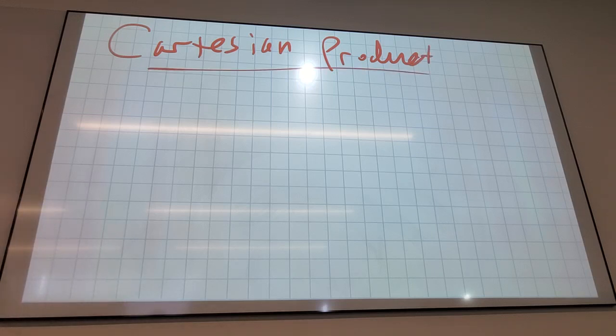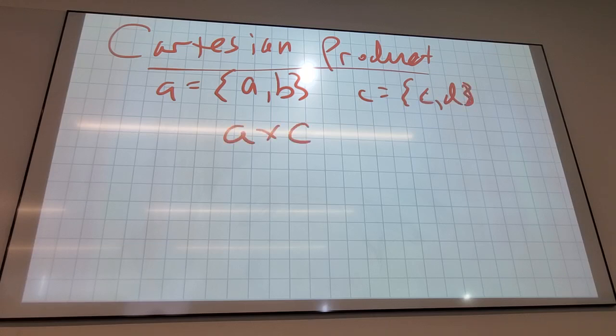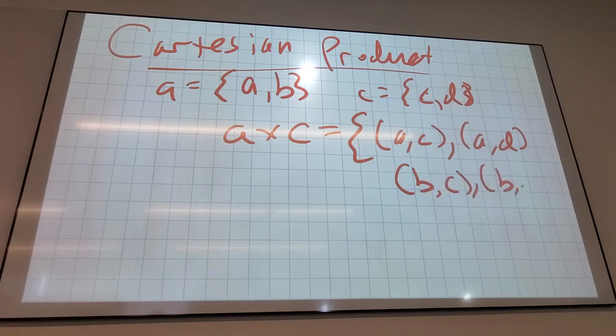So a Cartesian product, very quickly, if I have a set {A, B} and another set {C, D}, the Cartesian product of those two sets, which is where we get our times symbol from, would be all the points I can create where A is the first coordinate and C is the second coordinate. So this would be the set (A, C), (A, D), (B, C), (B, D).